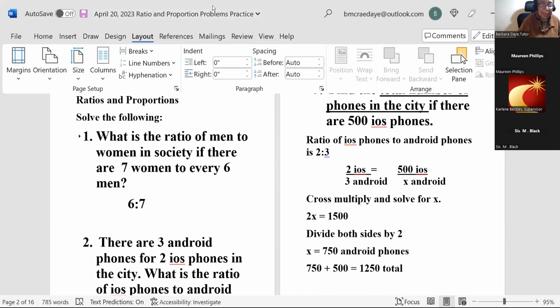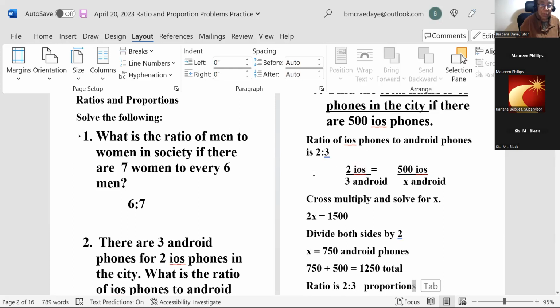So what I said this was is a ratio. The ratio, I'll just spell it out, is 2 to 3. And the proportion is setting them equal. This whole thing is the proportion.